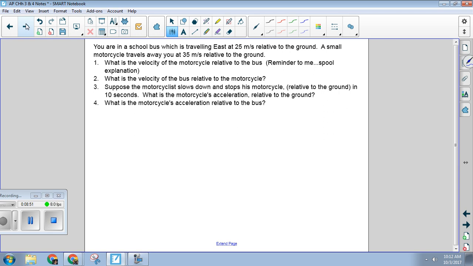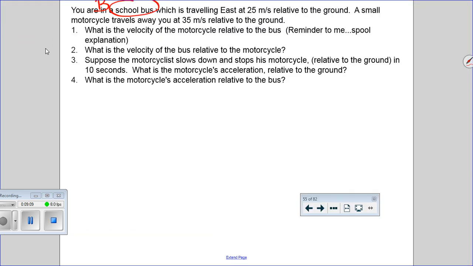In this problem, there are two objects: a school bus and a motorcycle. Let's start by writing down what we know. I'm going to use B for bus, and M for motorcycle.